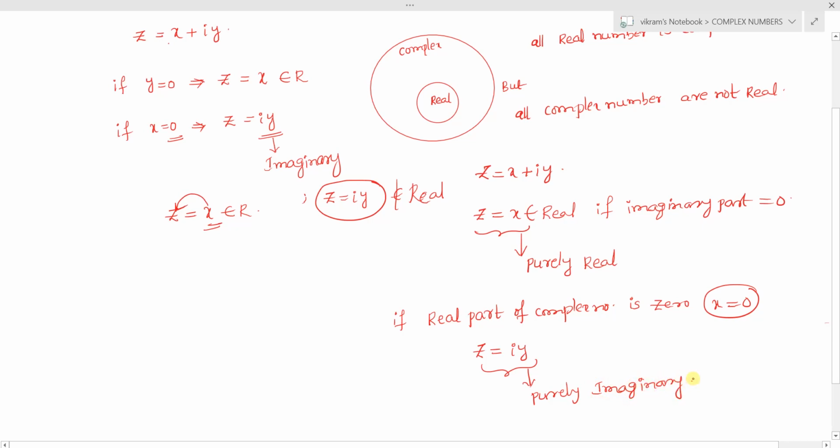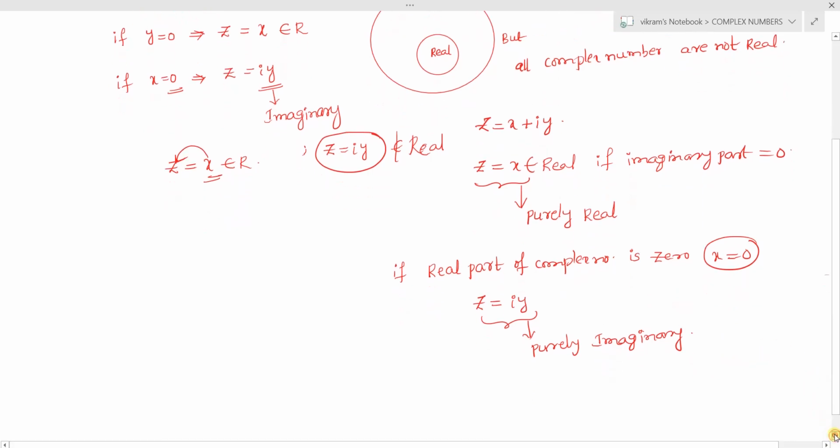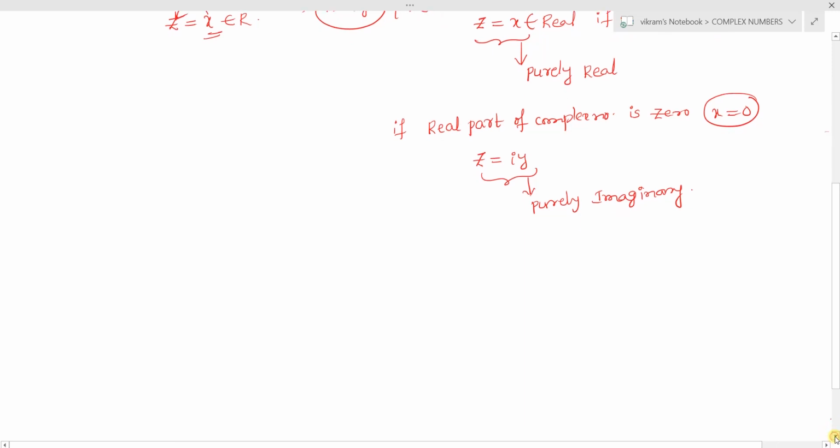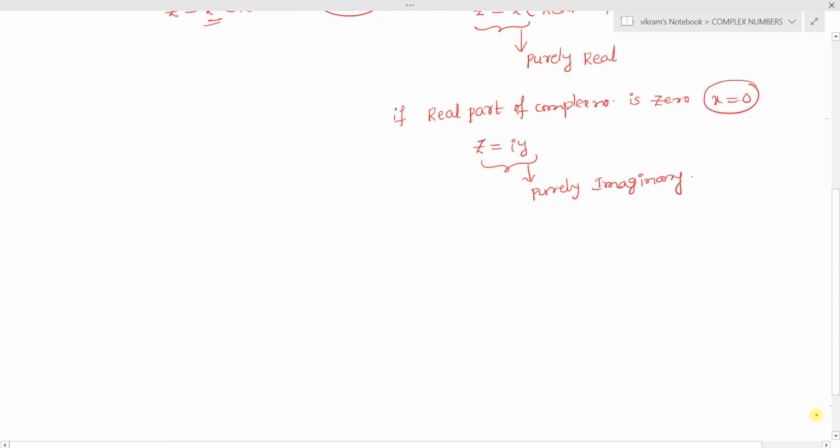So a complex number is said to be a purely real number when its imaginary part is 0, and a complex number is said to be a purely imaginary number if its real part is 0.